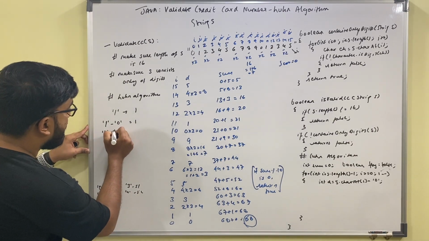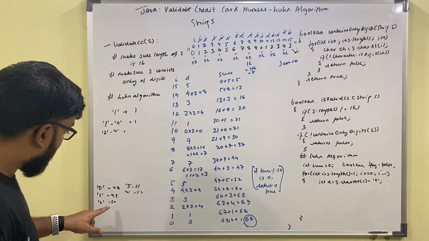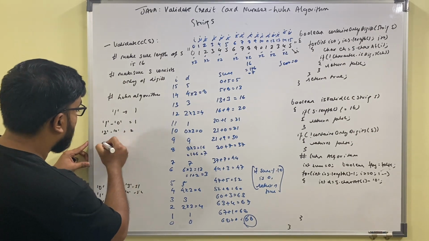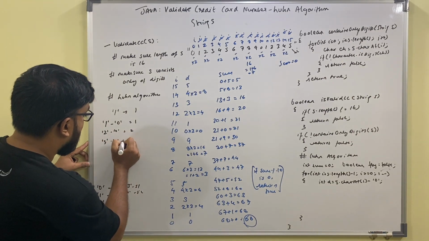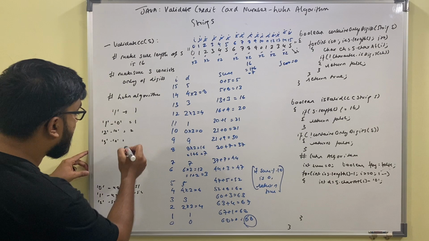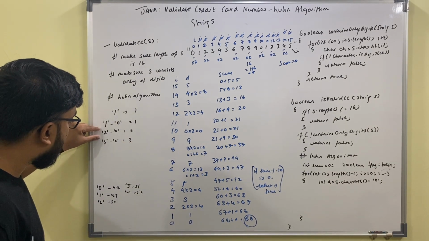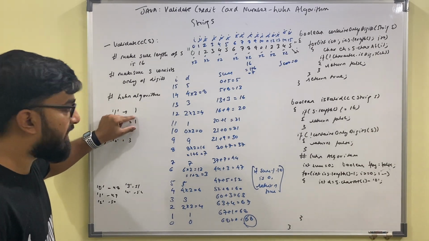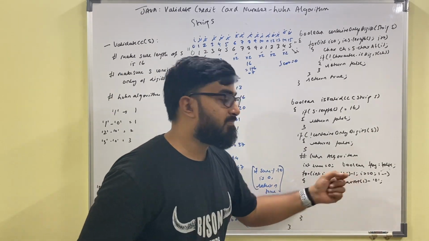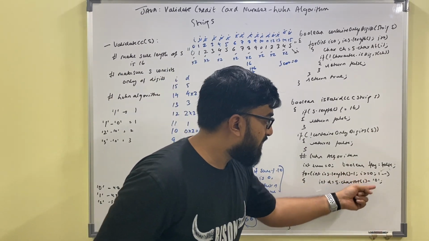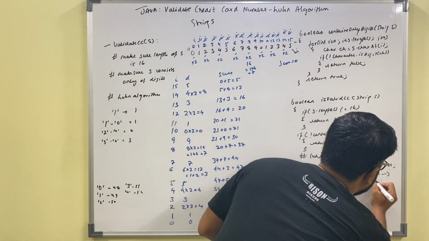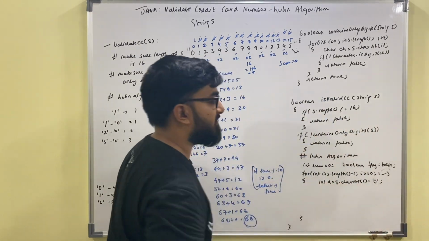When you do '2' minus '0', you do 50 minus 48, you get 2. '3' minus '0', 51 minus 48, you get 3. That is how you convert the single character which contains a digit into an integer digit, which is what I am doing here, subtracting '0' from the given character which is a digit.